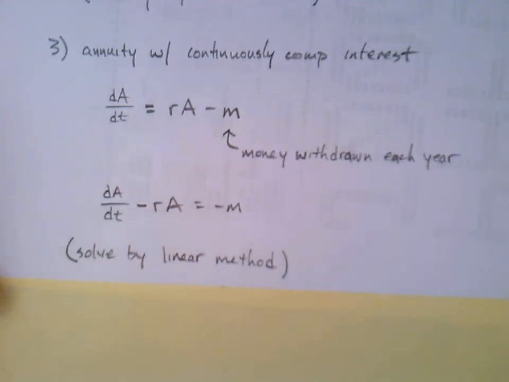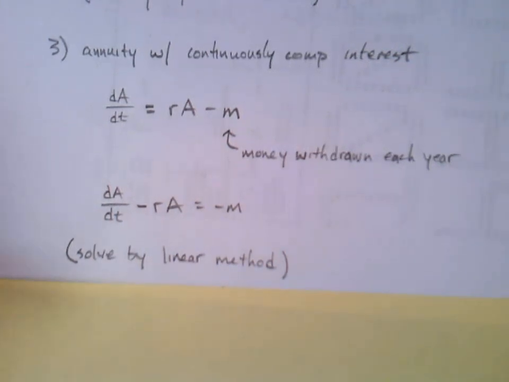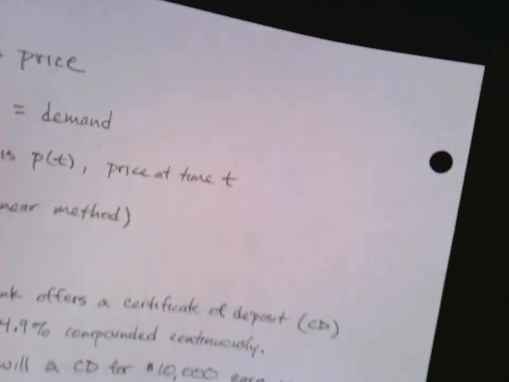The original style we saw was y prime plus f of x times y equals g of x. Well, we've got minuses now, and we've got A instead of y, but that's the form. It's a linear differential equation. Okay, obviously we'll do one example of this a few videos from now.